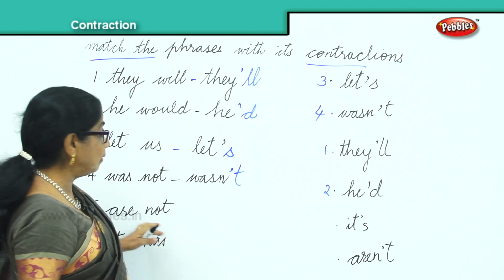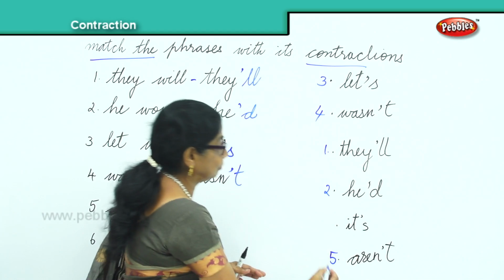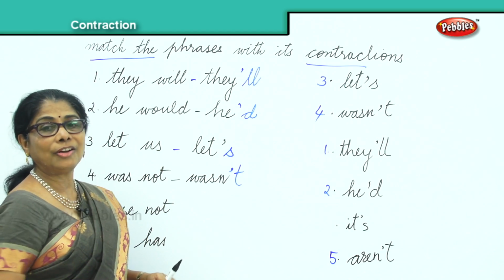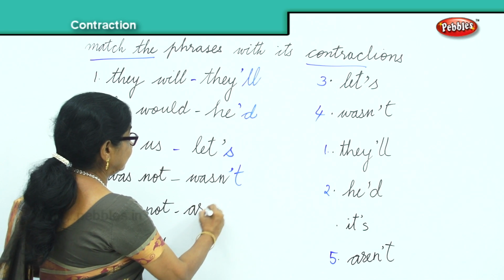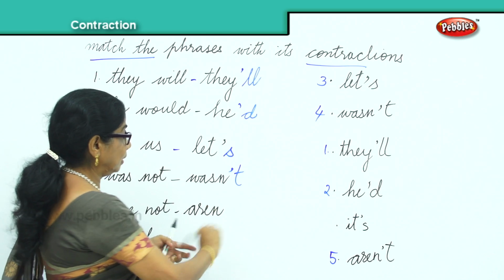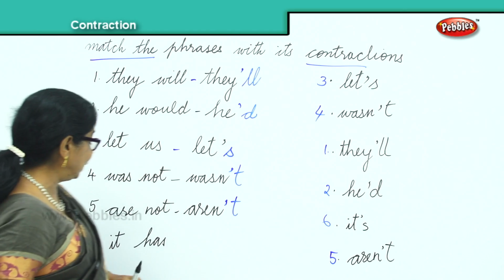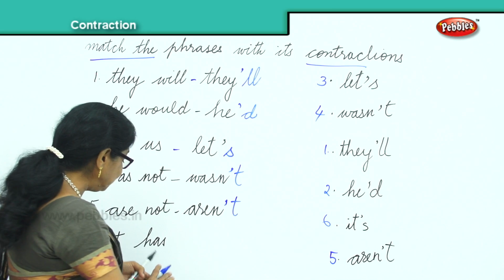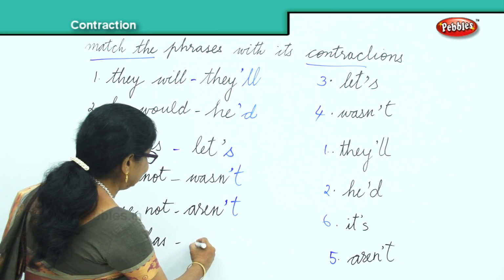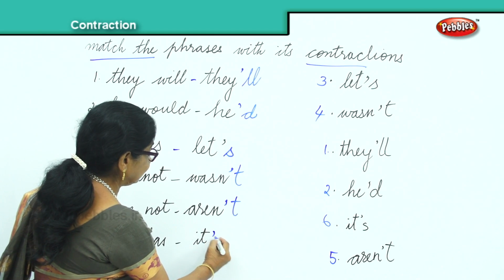And the next we have are not, aren't. And finally you have the last one, it has, it's. It has been raining, and you write it's.